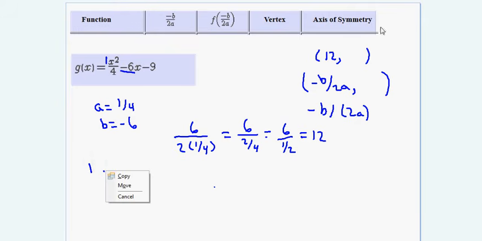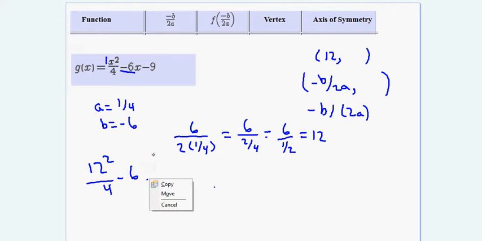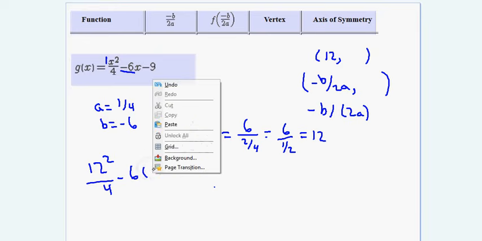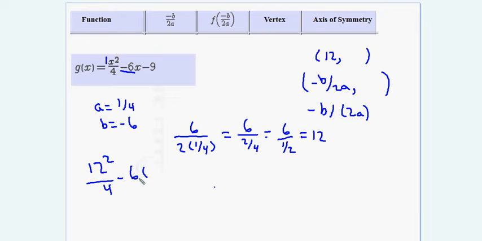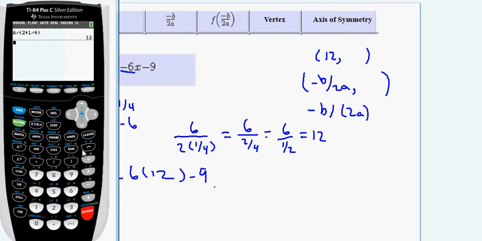Replacing all the x values with 12, it would be 12 squared over 4, minus 6 times 12, and then minus 9. You know, 12 squared is 144, 144 over 4, etc. So eventually you're probably going to reach for a calculator and do it this way.